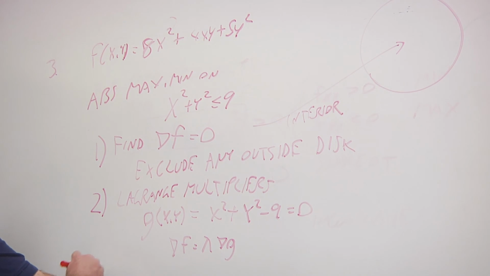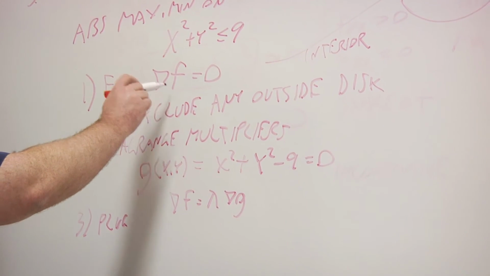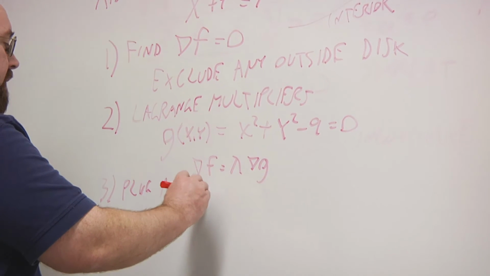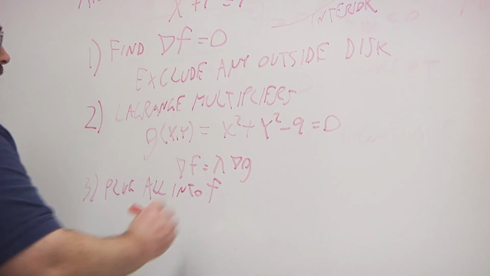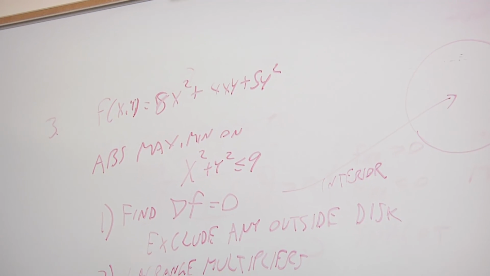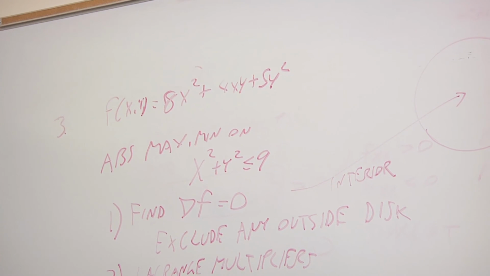And then whatever critical points you get from these 2 steps, you plug all of these into this function and see which is the largest and which is the smallest. Those are your absolute max and min.